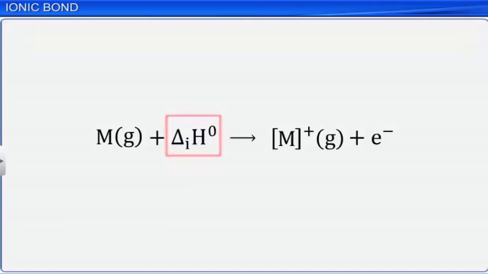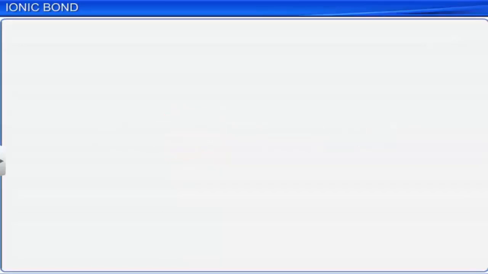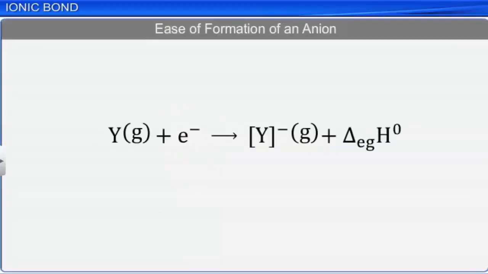Lower the ionization enthalpy, easier the removal of electron, and hence greater is the ease of formation of cation. Similarly, the ease of formation of an anion depends on the magnitude of the electron gain enthalpy. More negative is the electron gain enthalpy, greater is the ease of formation of the anion.